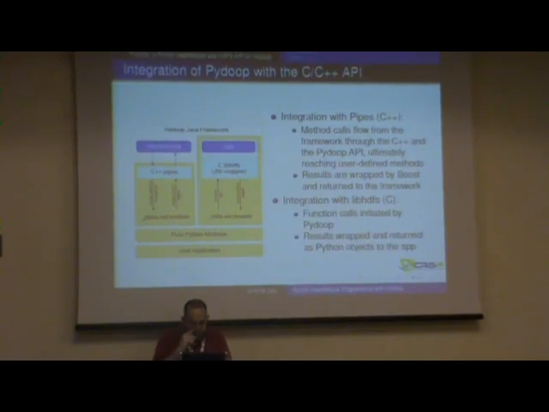These modules are then supported by some pure Python modules which make up the Python API, and then there's the user application that uses the Pydoop API to write the programs.